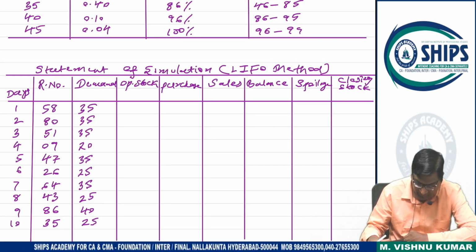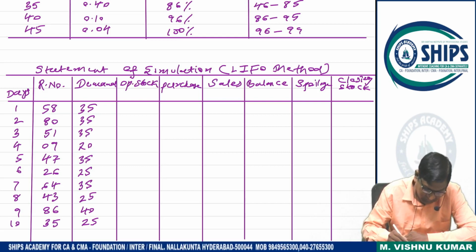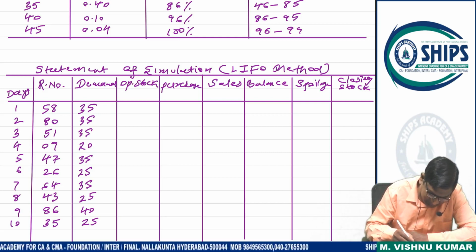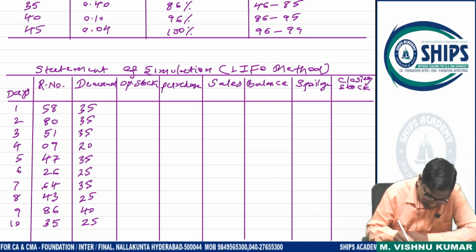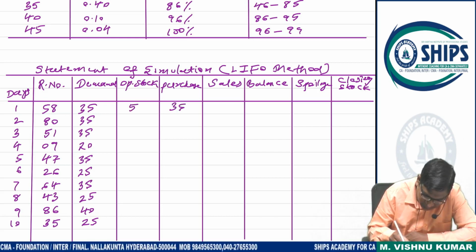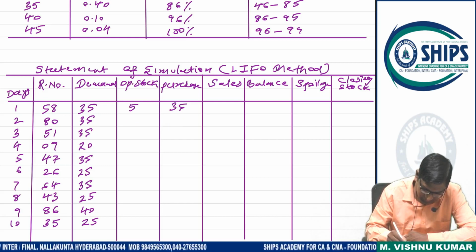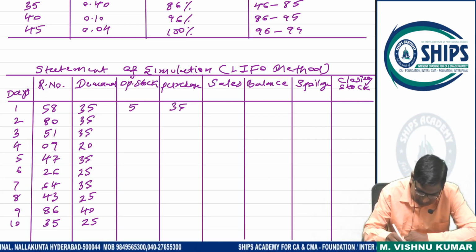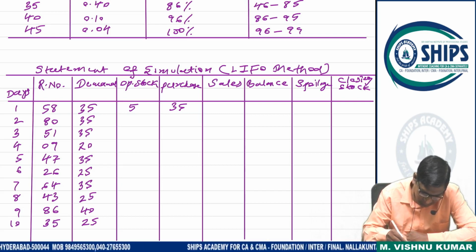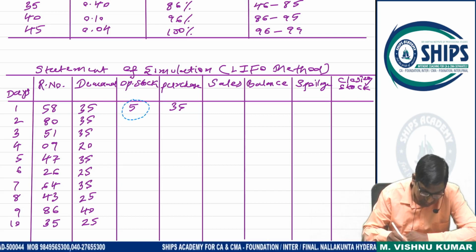So these are the columns required. Okay. First opening stock, how much? Purchases. Total 40. Okay. Try to understand. Clear? This two items total is how much? 40.